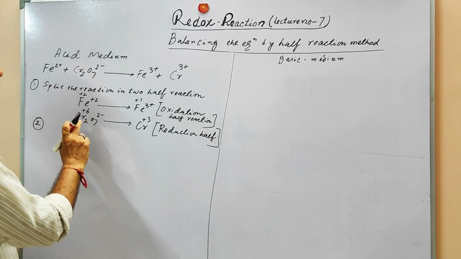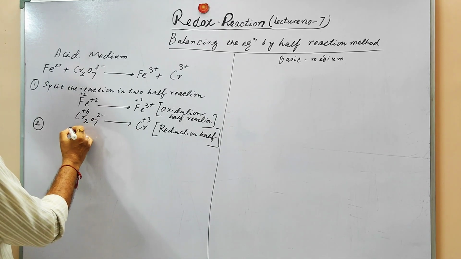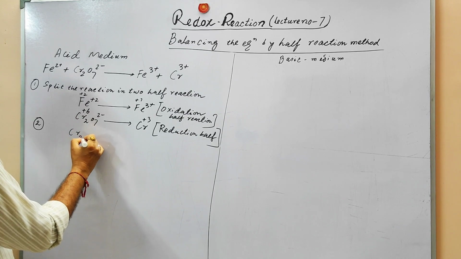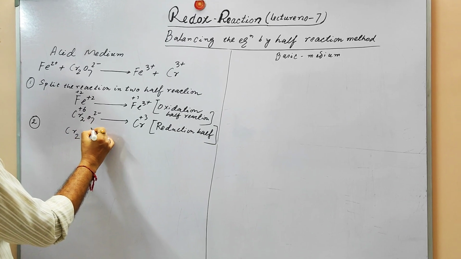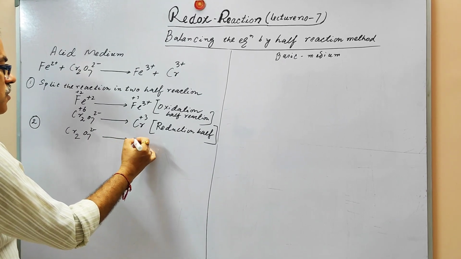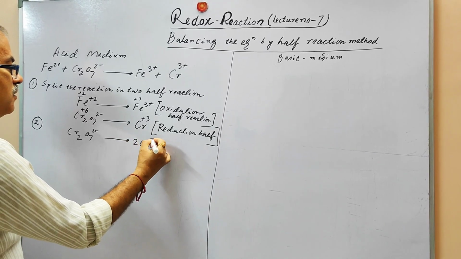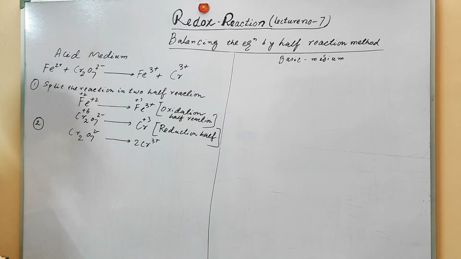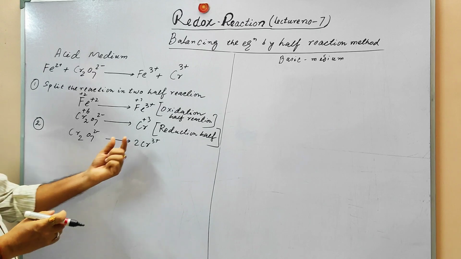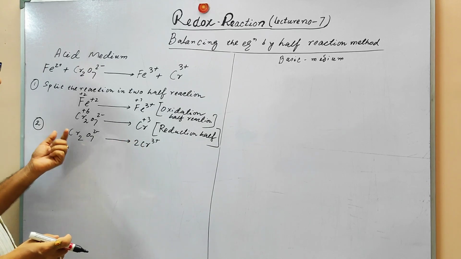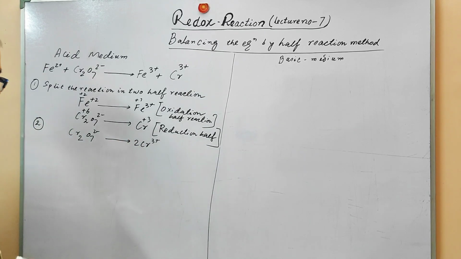But the dichromate half reaction is not balanced, so you have to put 2 in front of the chromium, that is, 2 atoms of chromium on both sides. So it is now balanced.